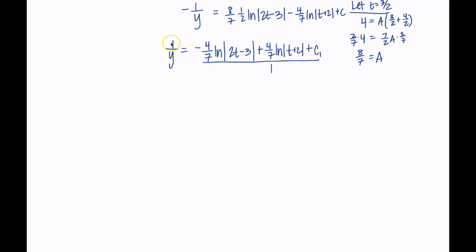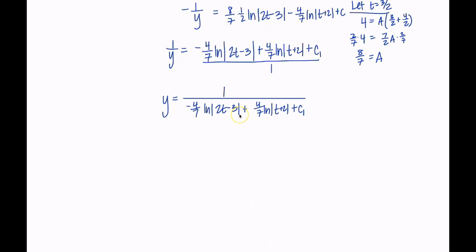And so now I can just take the reciprocal of both sides. So I end up with y is equal to 1 all over, and then negative 4/7 natural log absolute value 2t minus 3 plus 4/7 natural log absolute value t plus 2 plus c1. We can clear fractions here.